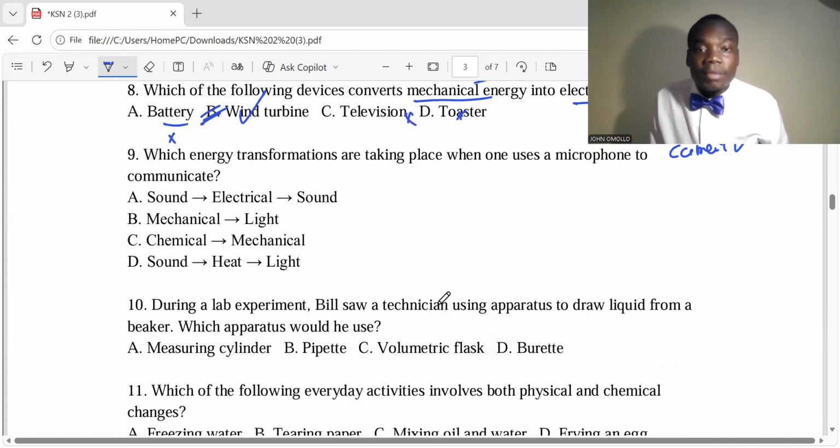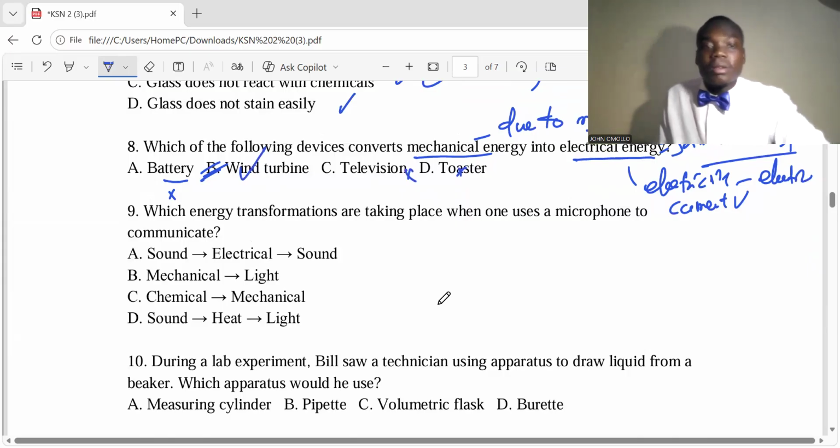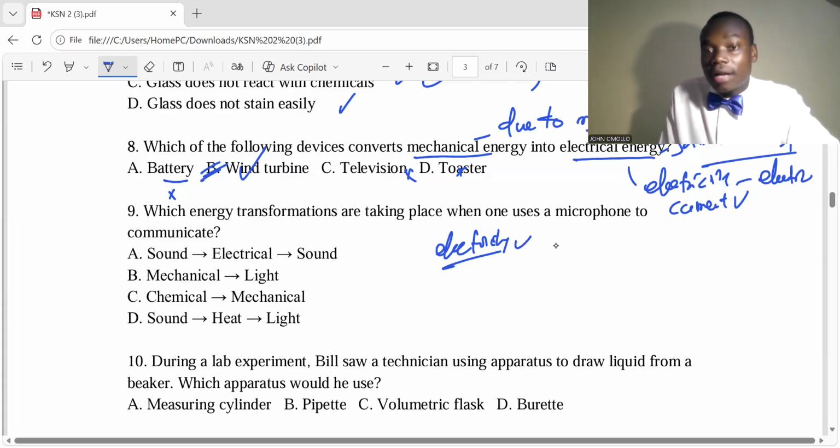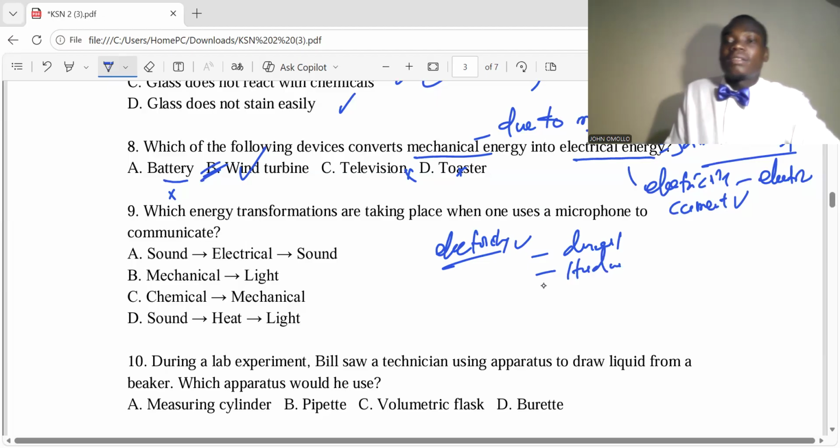Which energy transformations are taking place when one uses a microphone to communicate? When you use a microphone, remember there is electricity that is there to run it, maybe from a dry cell or electricity from water, hydroelectric power, or any kind of electricity.